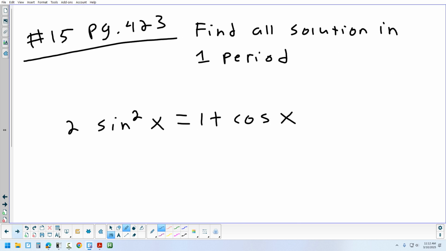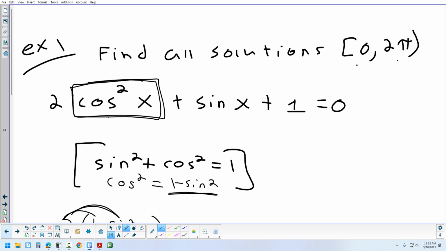Okay, let's try another one. We're going to find all answers between 0 and 2 pi. What's different about how this equation is written compared to how that one was written?